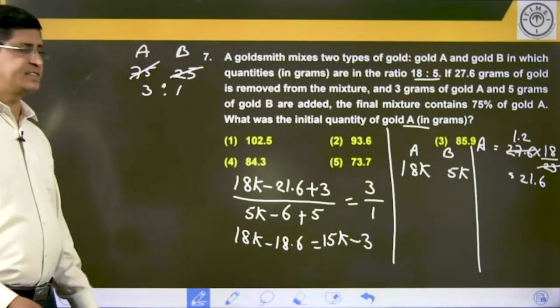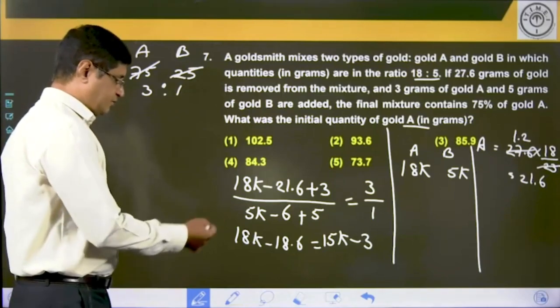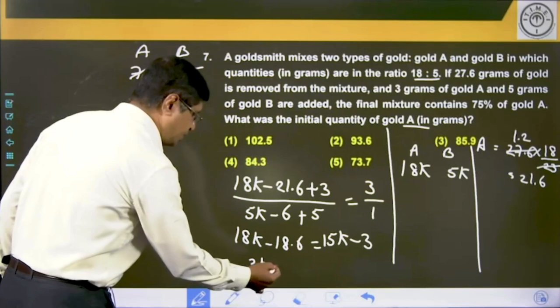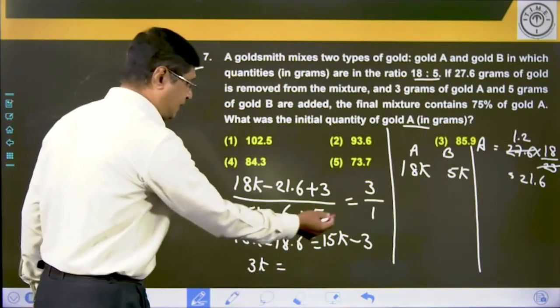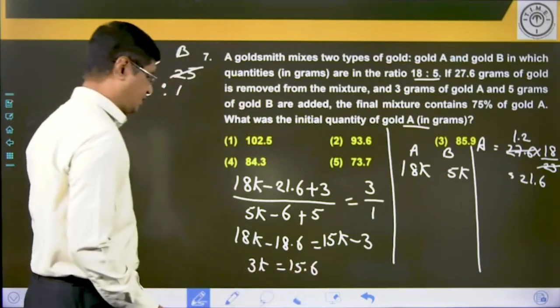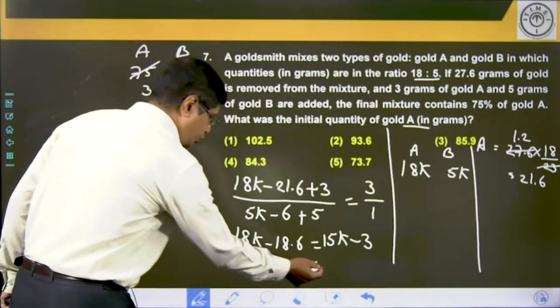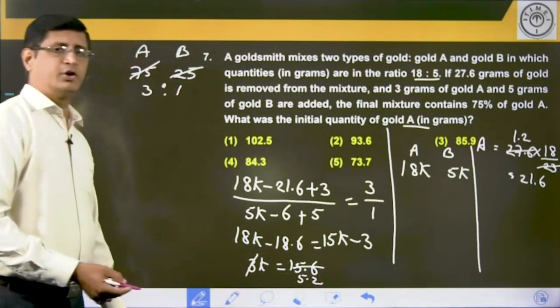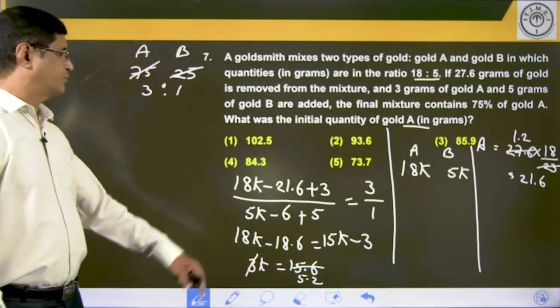By taking numbers on one side and the variables on the other side, 18K minus 15K, that is 3K. 3K is equal to 18.6 minus 3, that is 15.6. What is the cancellation? 3 goes exactly 5.2 times, that is the value of K.